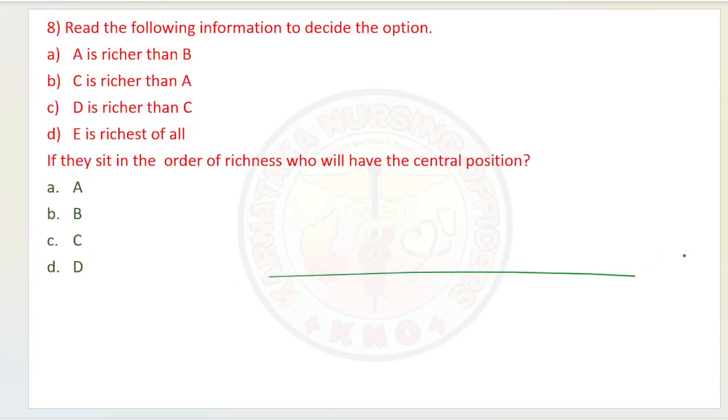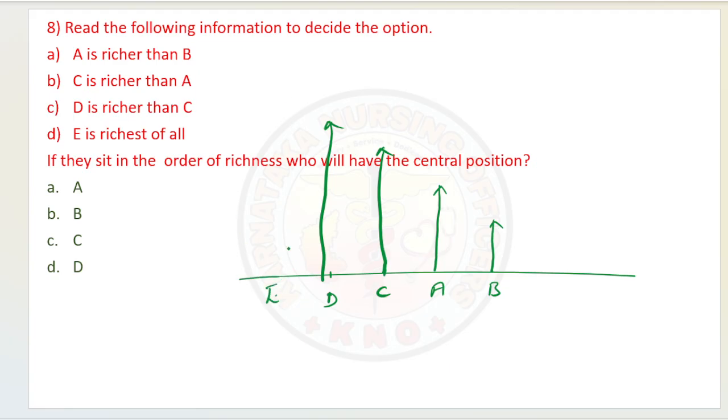So now let us write a baseline. According to the first statement, A is richer than B. And the second statement, C is richer than A. From the third statement, D is richer than C. And from the last statement, E is the richest of all.